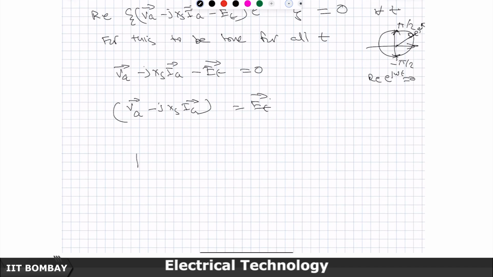Now, I have got the equivalent circuit of the synchronous machine. So, I have this, this is my V A, and by the way, if the windings have resistance also, then I should put a resistance.